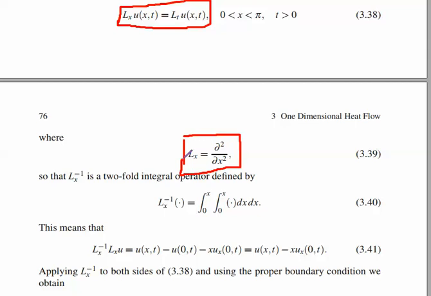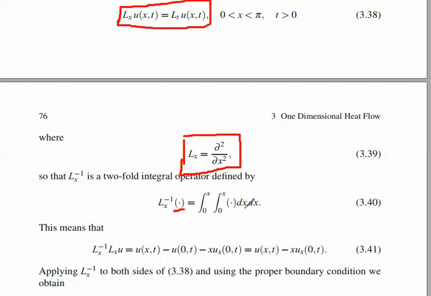For this linear operator we assume that it is invertible, and it is defined as L_x^(-1) of the unknown function equal to the integral from 0 to x, a second integral from 0 to x, of the unknown function with respect to the space variable, dx dx.